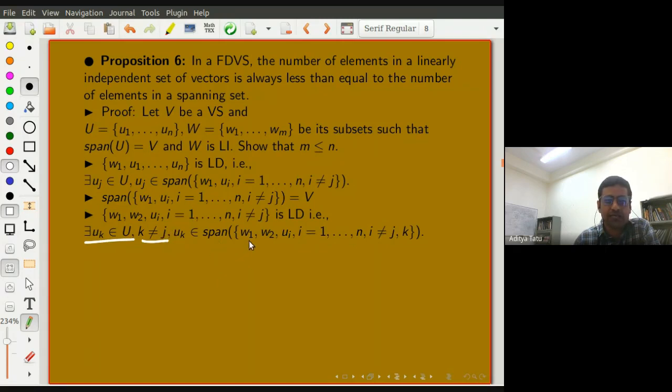Such that u_k is in the span of this set. And if u_k is in the span of this set, we can eliminate u_k and include w2 to obtain again a spanning set. Again, the number of elements in this spanning set is still n. Is that clear to everyone? We are just replacing u's by w's.